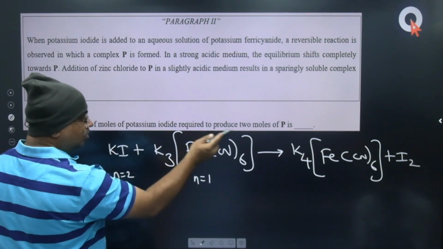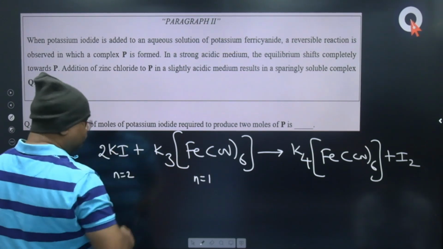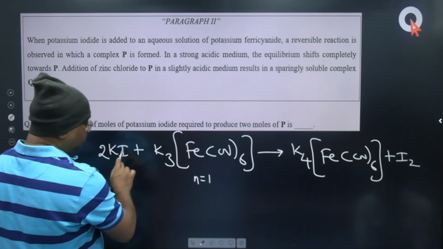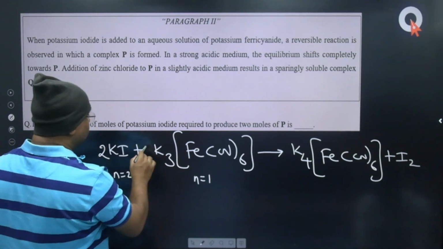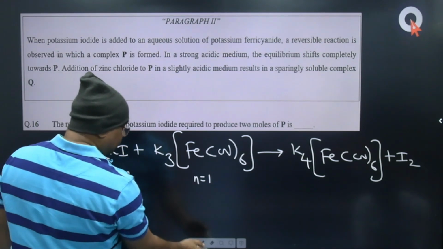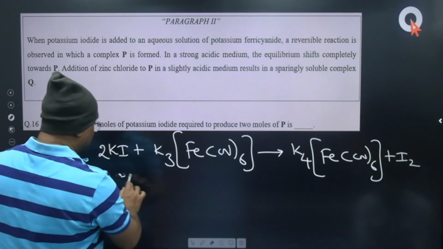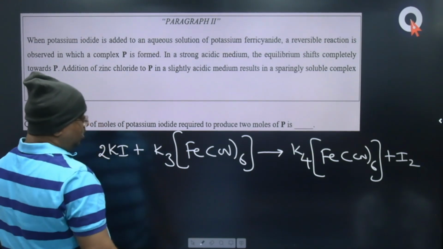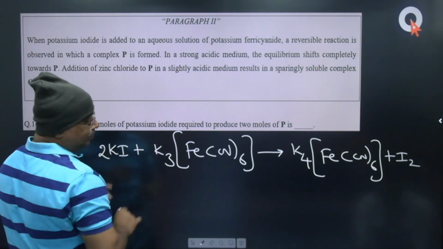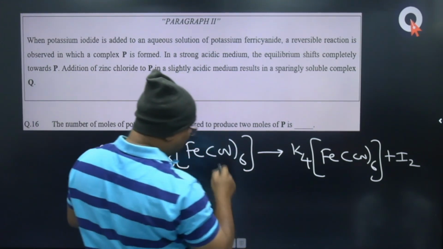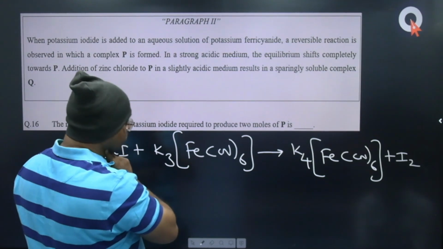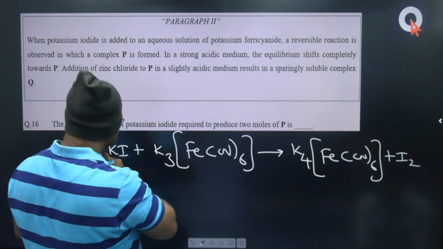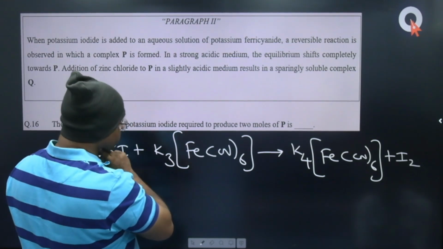I minus changes into I2, but if you write 2, the total number of electrons in this is 2, in this is 1, so that this becomes coefficient-wise. This is 2, this is 1. So if you balance it, FeCN6, KI, potassium K4.